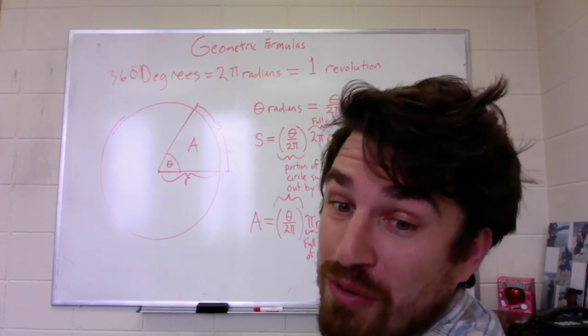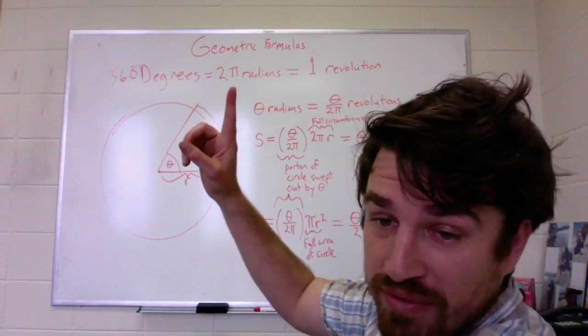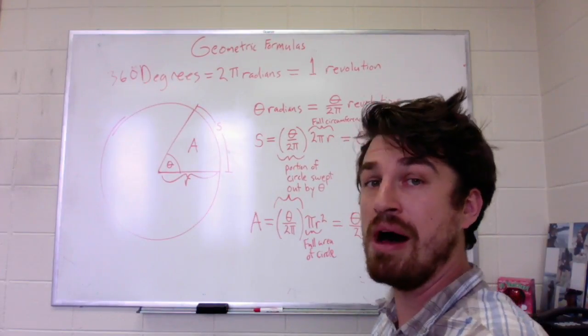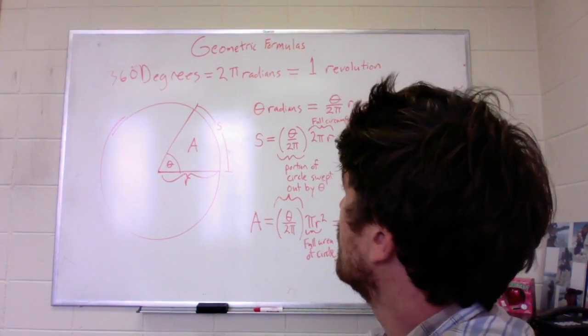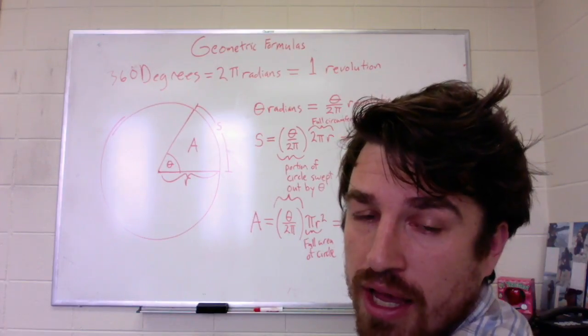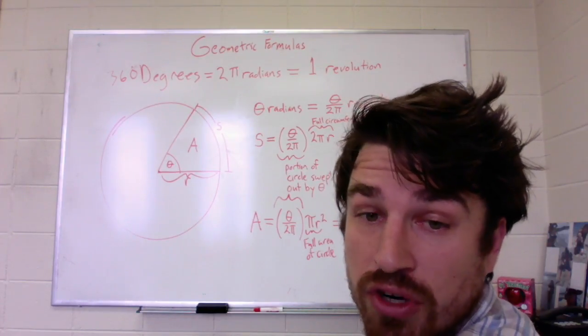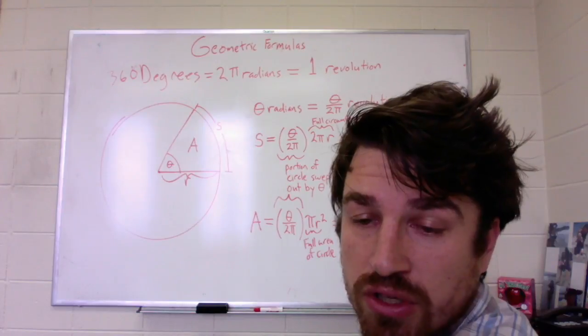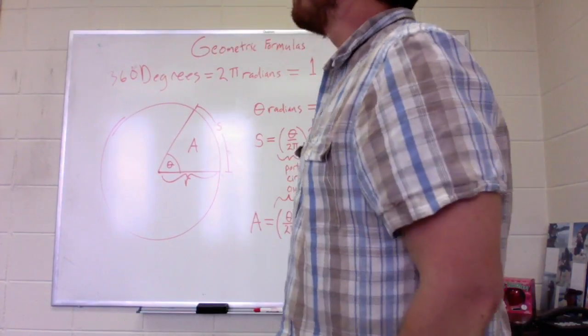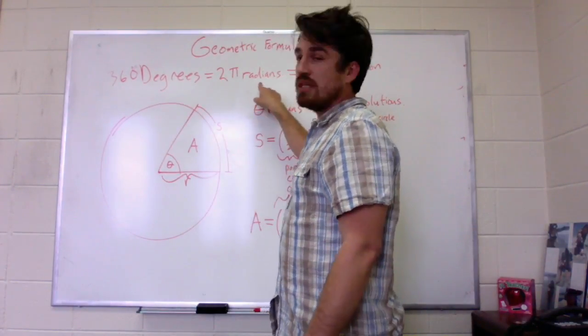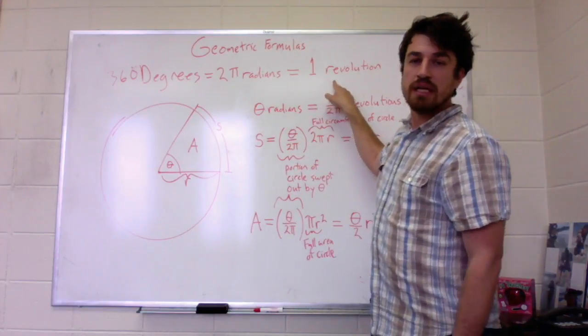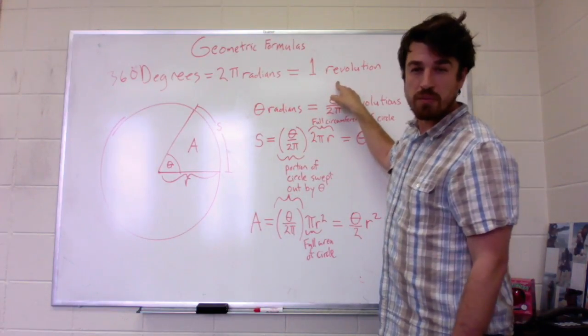One full rotation is just one revolution, right? That's sort of the simplest possible unit you could use. And if we use the conversion formulas, what would they look like between these units? Well, 360 degrees is equal to 2 pi radians is equal to 1 revolution, right?